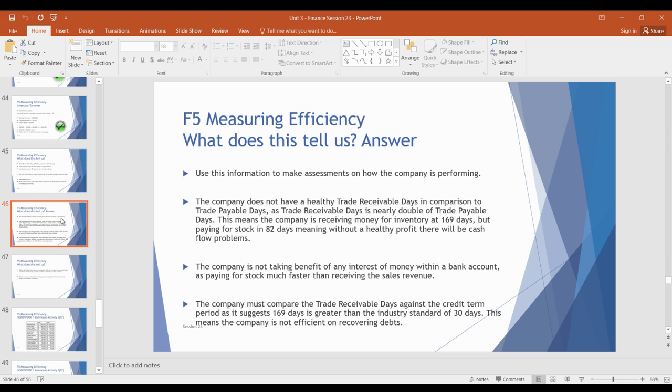So the information on the board is an example. It doesn't mean yours is wrong, because I might have used different credit terms than you. So pause, allow to read or read out. I'll move on to the next slide in 5 seconds.